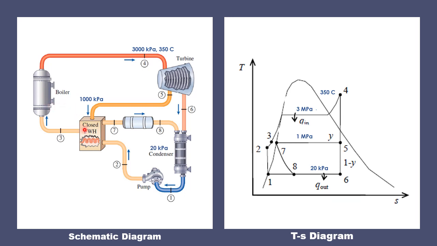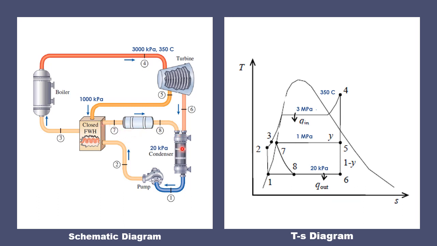We also have here the closed feed water heater that transfers the heat coming from this extracted steam at point 5 to the feed water entering at point 2. So it basically heats that without mixing. And because of that process, it leaves a liquid condensate at point 7 that has to be removed. So it will be removed by using the steam trap by routing it to the condenser.